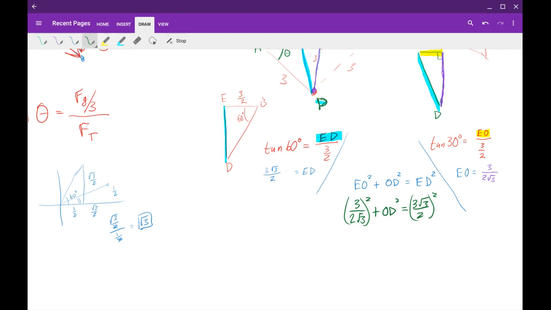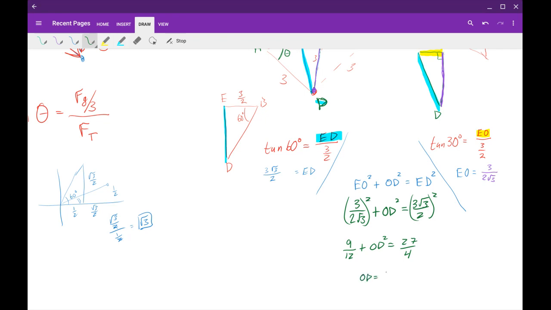Okay, and now if we figure all this out, I'll square them. So it's going to be 9 over 4 times 3, so 9 over 12, plus OD squared. And this is 9 over 4 times 3, so it's 27 over 4. Hopefully I got that right. And so I'm going to subtract 9 over 12.